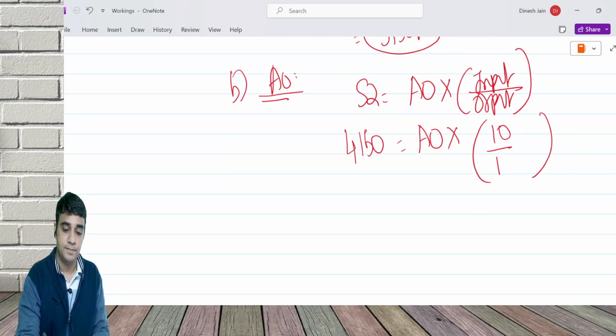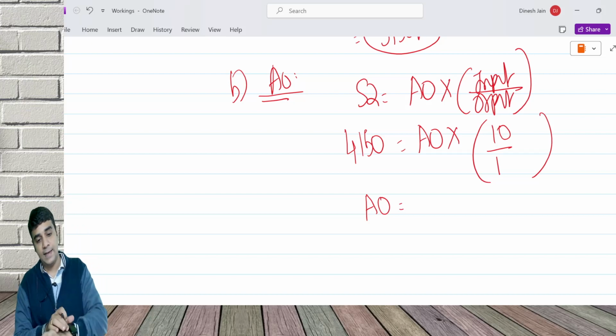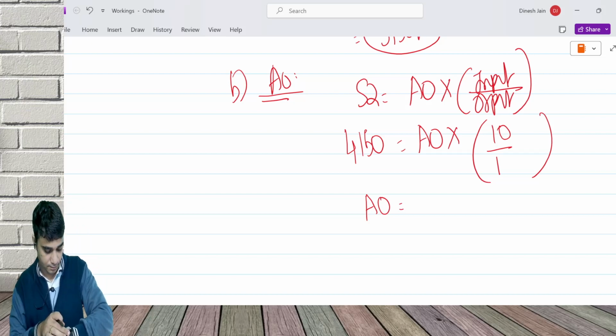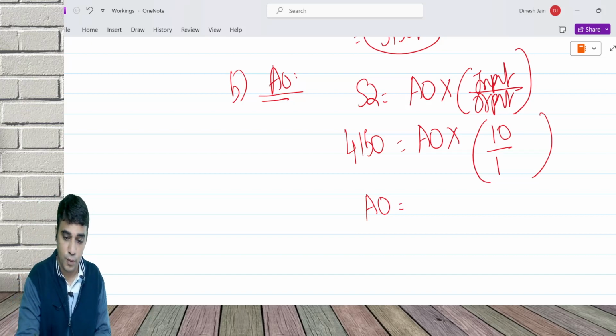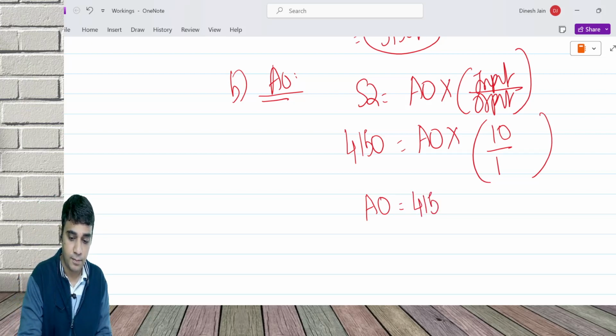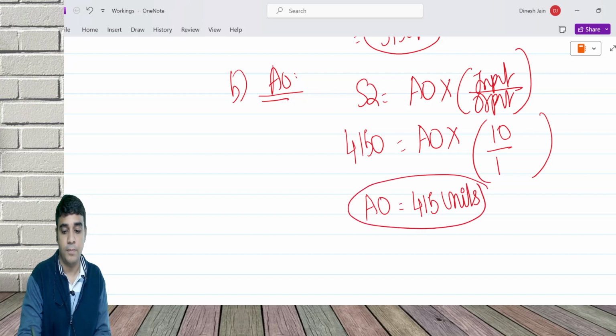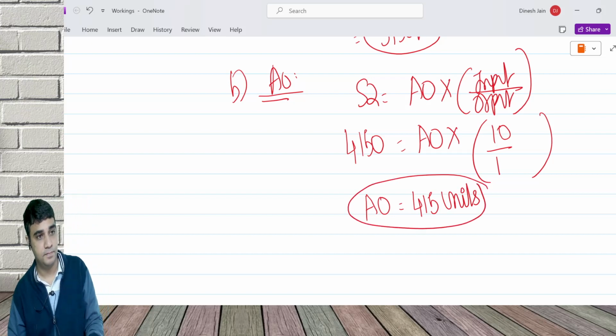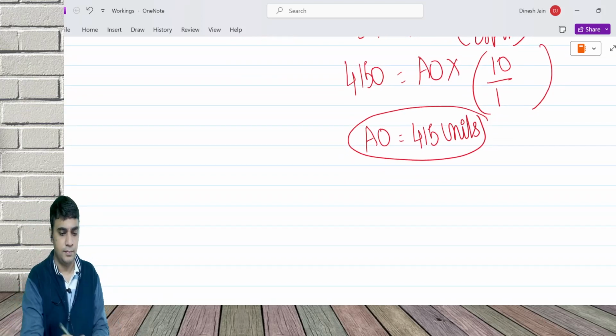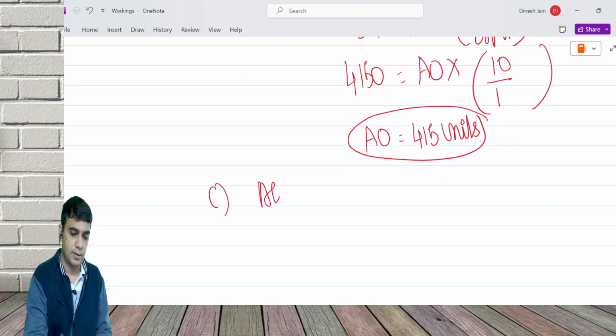Tell me. AO is the balancing figure. 41. Clear? What's the third requirement? That's already calculated.